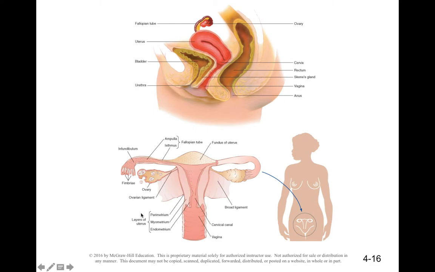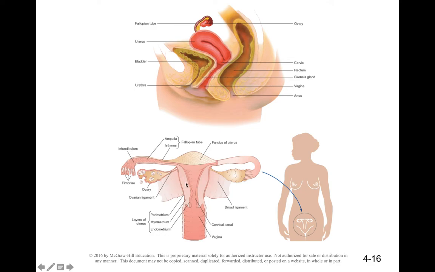Okay, so that was the top picture. The bottom picture here is as if you had blown up this picture of a female lying on her back. You would see this is the entrance into the vagina, right? And here's the cervical canal, the first part of the uterus. Then here we have the fundus of the uterus, which is the top of the uterus, the body of the uterus.